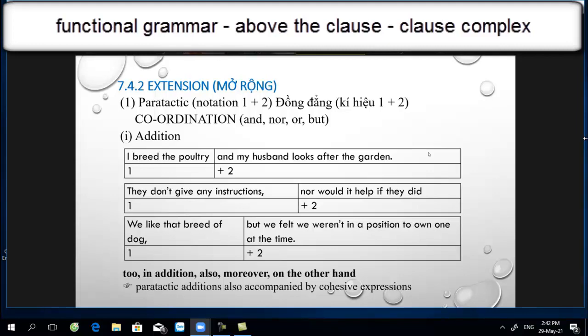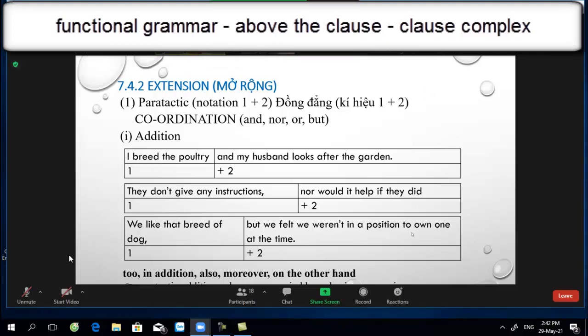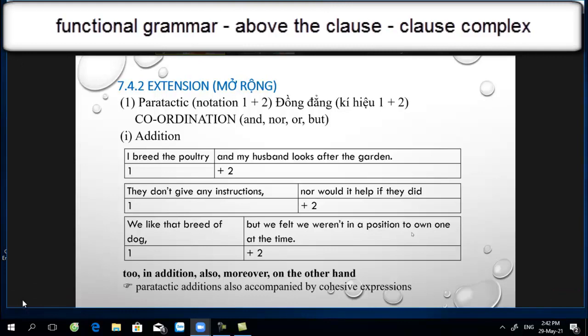They don't give any instruction, nor would it help if they did. Now we use the indicator nor in the second example and the third one. Miss Thư, the last example, please.